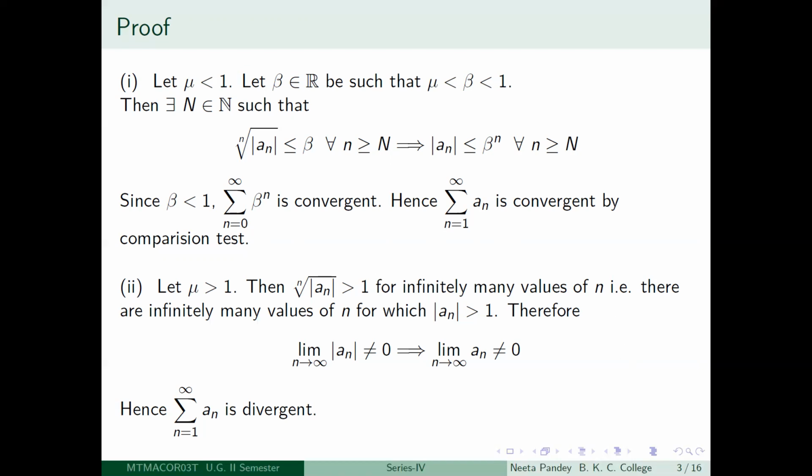So what does that mean? That for infinitely many values of n, mod an will be greater than 1. So mod an greater than 1 means that an for these infinitely many values of n will either be greater than 1 or less than minus 1, right? So if you get infinitely many values of an which are either greater than 1 or less than minus 1, then what can you expect?